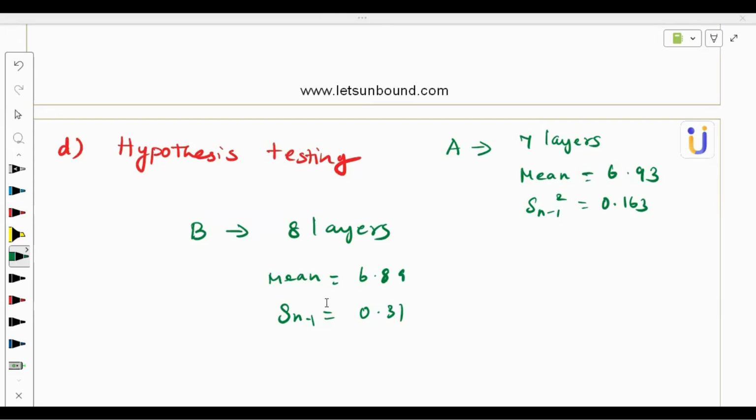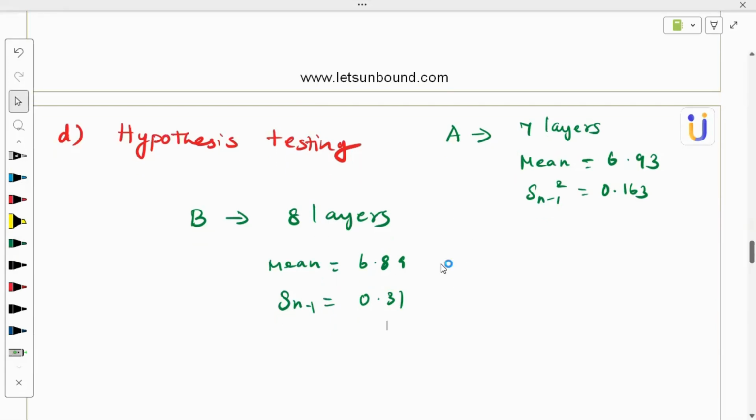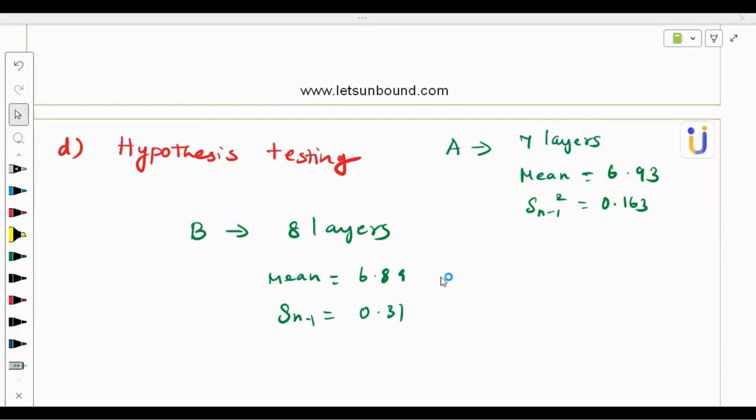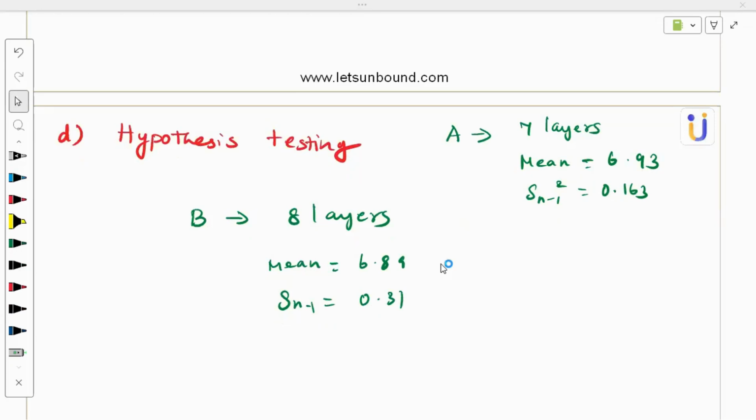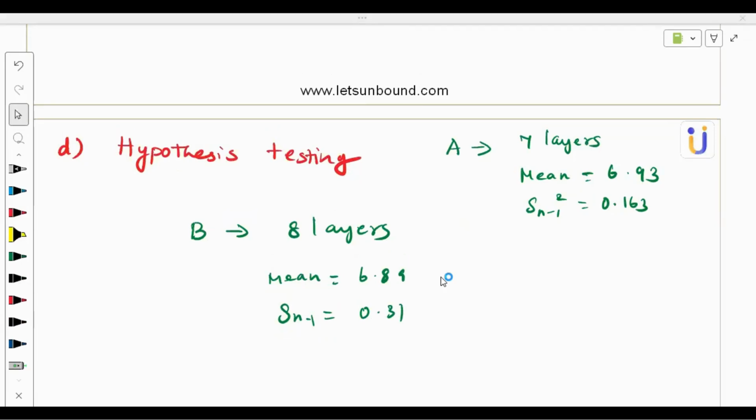Now we need to make the hypothesis and test this one, right? And also they have mentioned, you may assume the thickness of the wooden layers from each machine are normally distributed with equal population variance. Fine. Okay, we have all this. We have Sn minus 1, and in this case we can go for a 2 sample t-test.